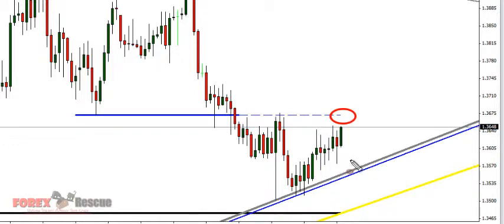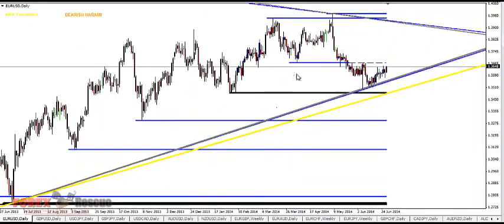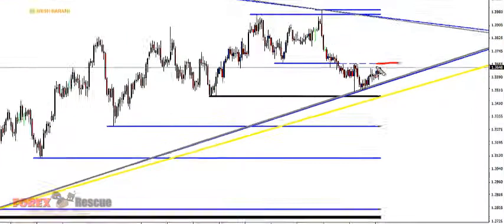And if we go short from this area, we'll be looking for another trade entry around this area. Let me reduce this chart for you to see it properly.